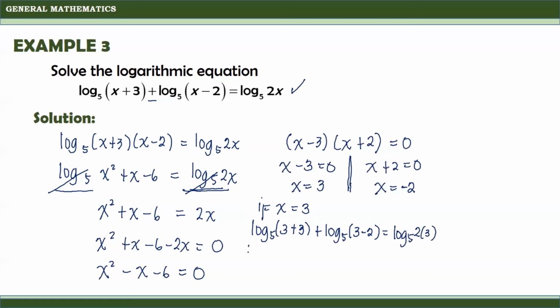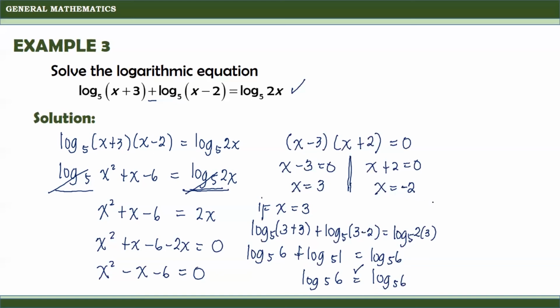Hence, we will have logarithm of 6 to the base 5 plus logarithm of 1 to the base 5 equals logarithm of 6 to the base 5. Remember that since this is addition, we need to multiply 6 and 1. So we will have logarithm of 6 to the base 5 equals logarithm of 6 to the base 5. Therefore, x equals 3 satisfies our given equation.